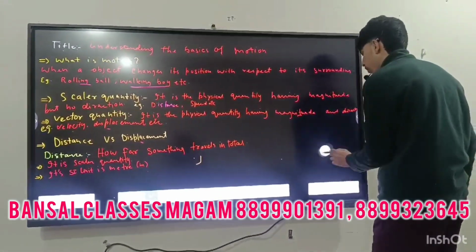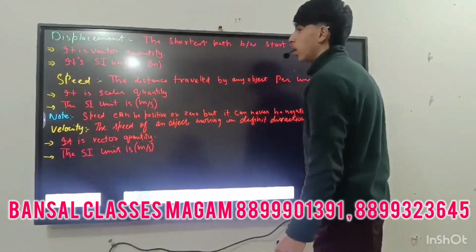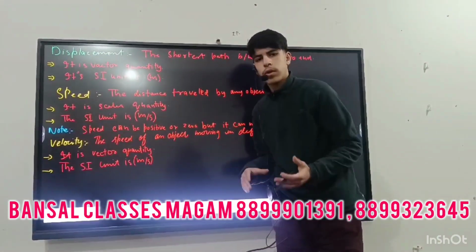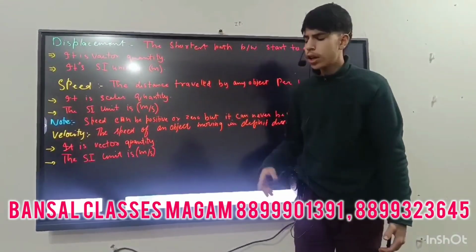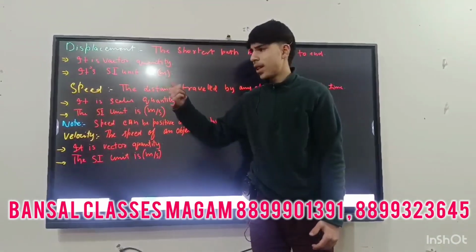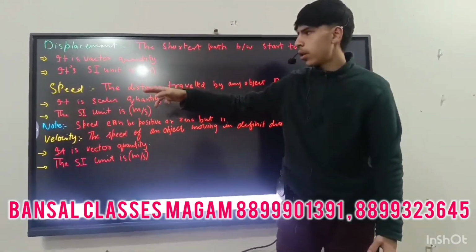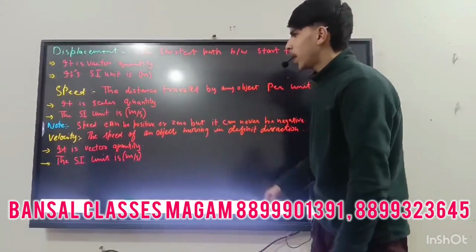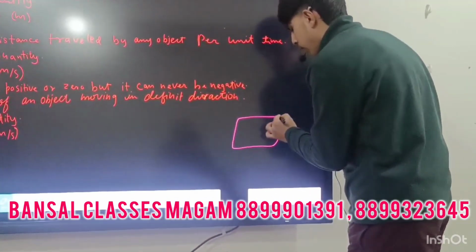Now, coming to another quantity, which is displacement. It is basically the shortest path from the starting to the ending point. It is a vector quantity, as I mentioned in the vector quantity example previously, and its SI unit is also meter. Let me give you an example of this. I will draw a rectangle.